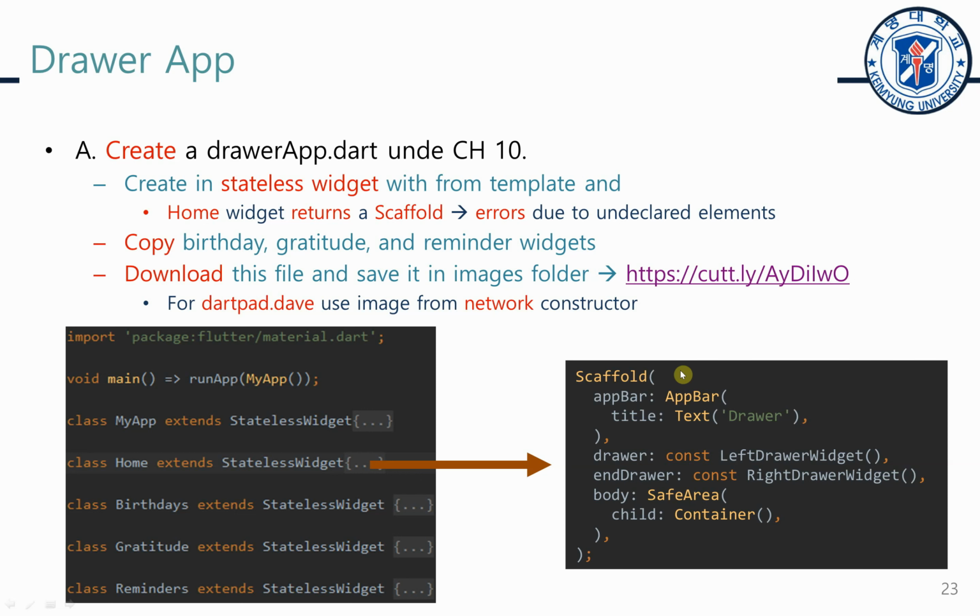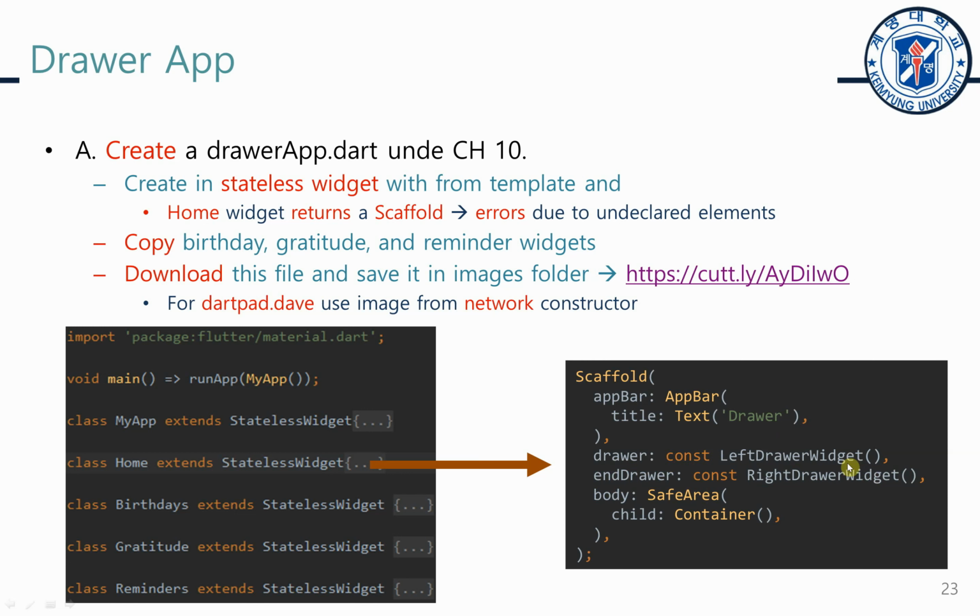So once you have created and copied all the pages following this instruction, you have to modify the scaffold as follows. The upper bar should say drawer, and in the drawer property we should be using the left drawer widget and the right drawer widget.